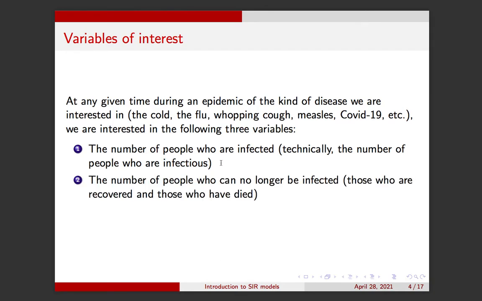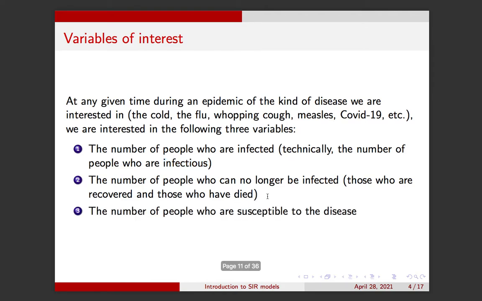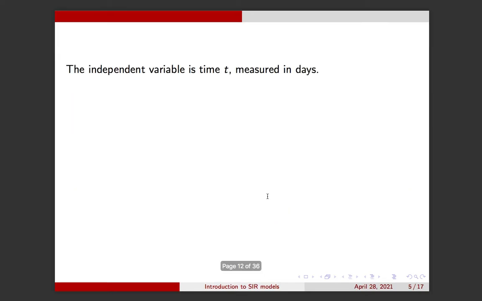The number of people who can no longer be infected, those people who have recovered from the disease, also those people who have died. This model counts those people as recovered, mainly because they're not infectious anymore. Also, later we'll incorporate vaccinated people into this group. And then, of course, the people who are still susceptible. Those are the 3 variables we care about.